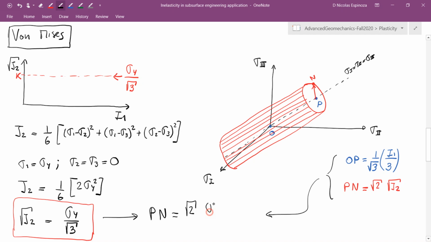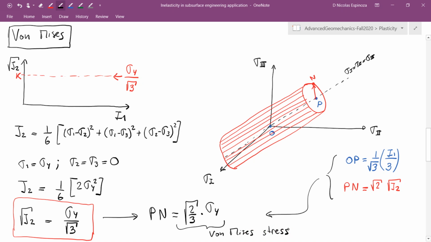So this is sigma y, and let me just simplify it into square root of 2/3 of the yield stress. And this is also what is known as the von Mises stress.